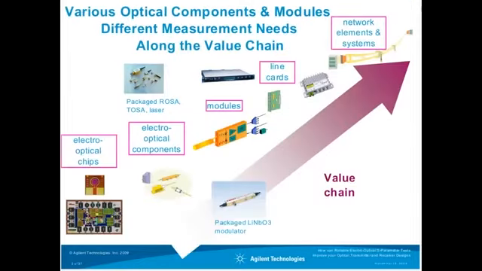Now, when we discuss the value chain for optical and opto-electronic components, we start on the very left side, where we have basically electro-optical chips. These chips consist of, for instance, pin diodes and amplifiers, and these all have to be packaged in a very simple way, just on a submount or into very simple packages like receive optical assemblies or transmit optical assemblies.